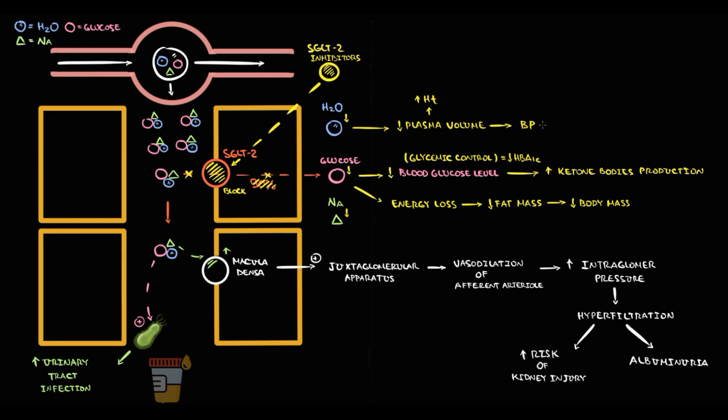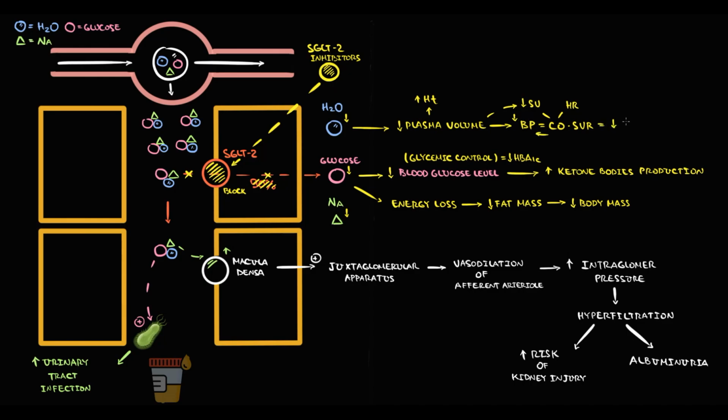The reason is that blood pressure is equal to cardiac output times systemic vascular resistance, and cardiac output is stroke volume times heart rate. So, with decrease in plasma volume, stroke volume decreases. Thereby, cardiac output decreases, and this causes decrease in blood pressure. So, another effect of SGLT2 inhibitors is decrease in systemic blood pressure.